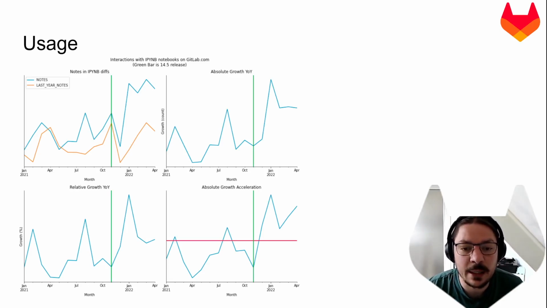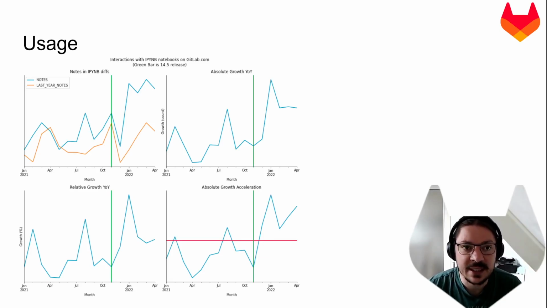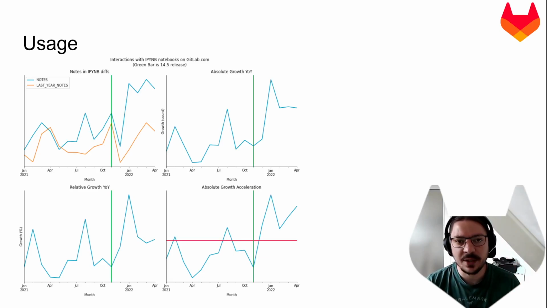It accelerated the growth on Jupyter Notebook diffs, and this sustained a little bit after a while. This is year over year, so it's very interesting to see the data. Just to point out that this is on the GitLab.com website. This does not take into account the data from self-managed customers, but this is really great.